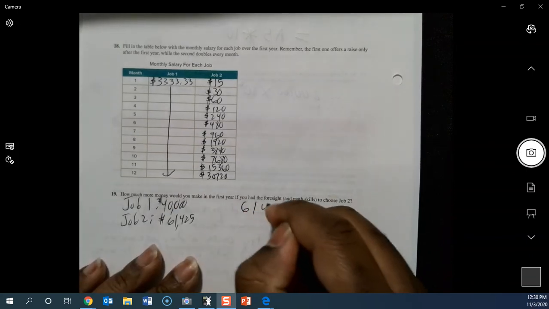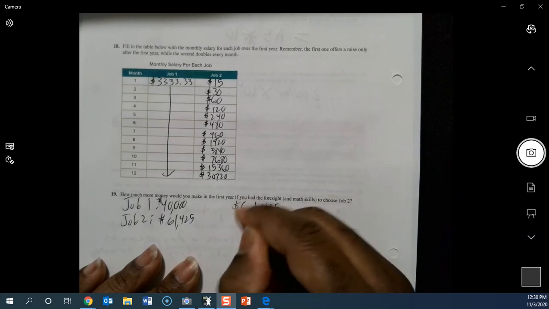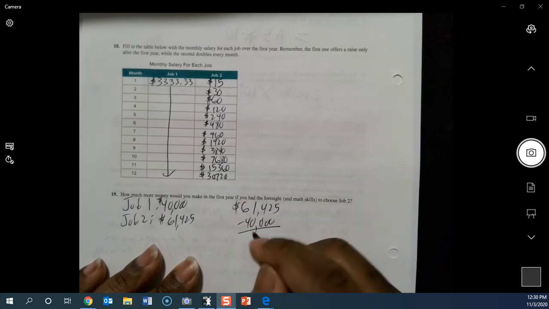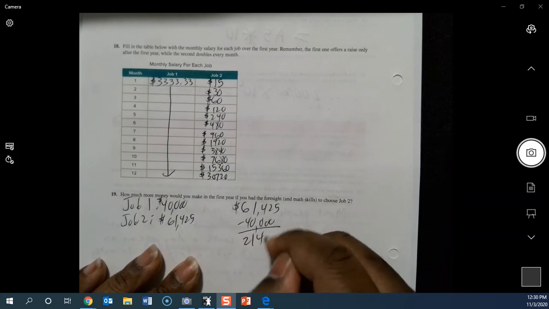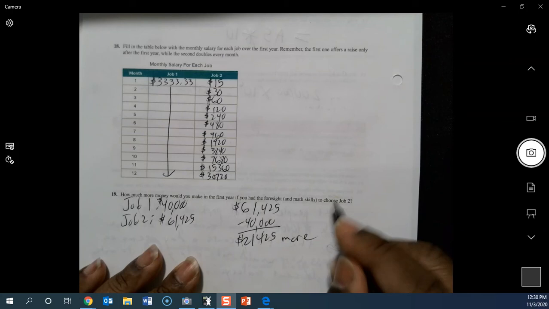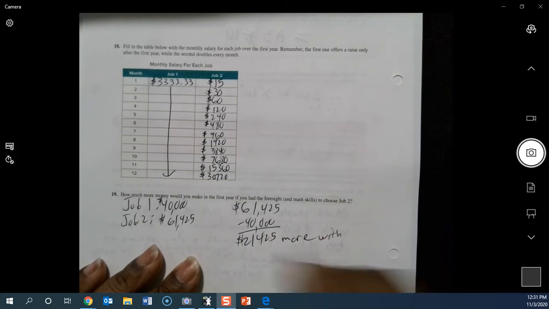So in the first year, by doing the doubling each month, you have made $21,425 more with the second job.